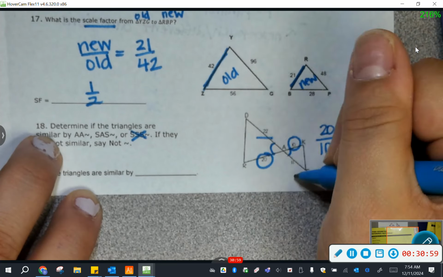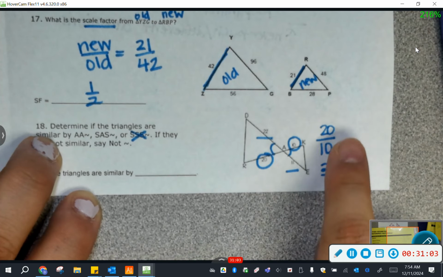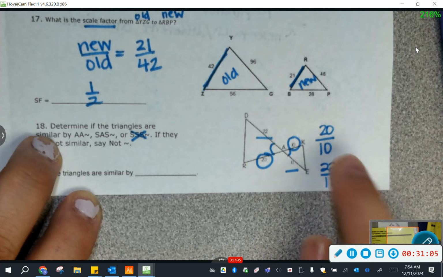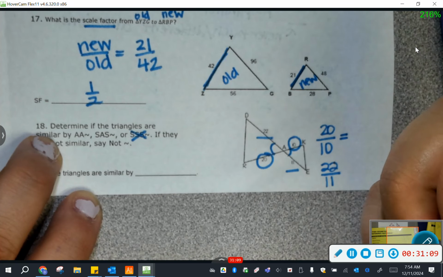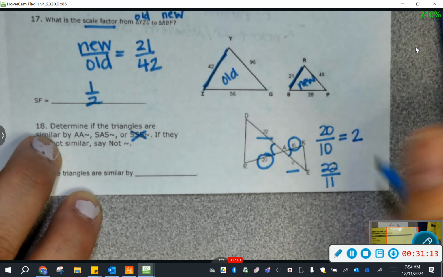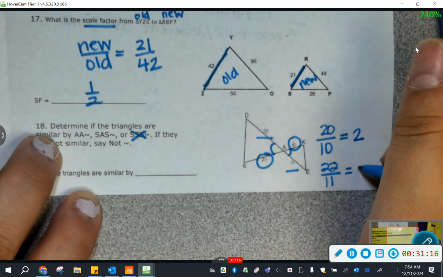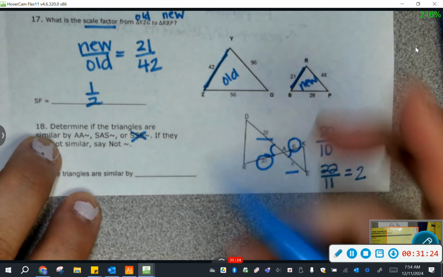The bigger number is divided by the bigger number. It's 20 divided by 10. Backwards. Yours might say 20. What's 2 divided by 11? They're the same. Did you have 2? S.